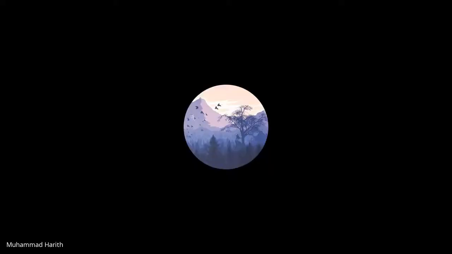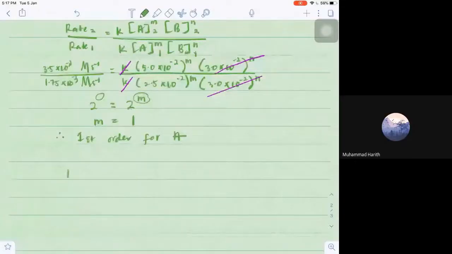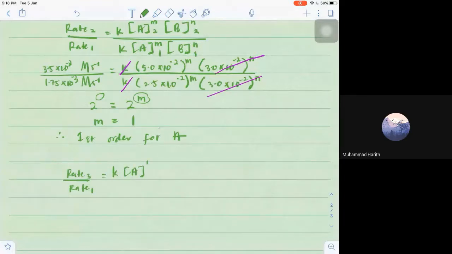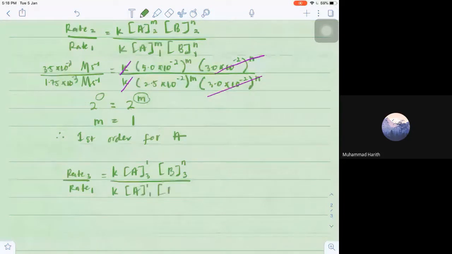So I choose rate 3 over rate 1. It is equal to K, concentration of A, power of 1, since we have calculated the M value, concentration of B, power of N in experiment 3, over K, concentration of A, power of 1 in experiment 1, concentration of B, power of 1 in experiment 1.